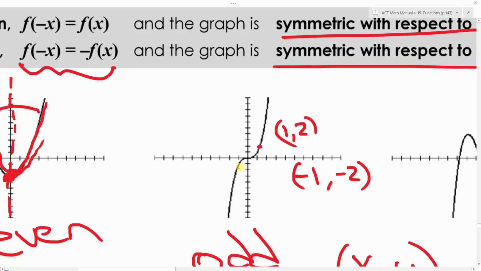And indeed, look down here, we have the point approximately (negative 1, negative 2). Let's look at this point here, and let's pretend that point is (2, 5). So in an odd function, (negative 2, negative 5) must also be on the graph. And indeed, if we go down here, bam, we have the point (negative 2, negative 5).